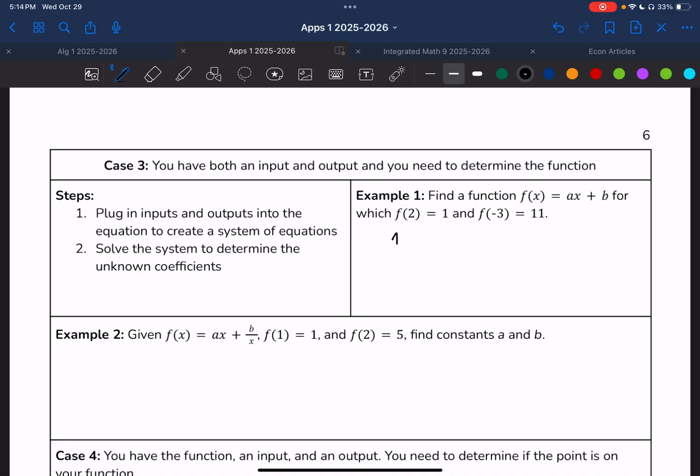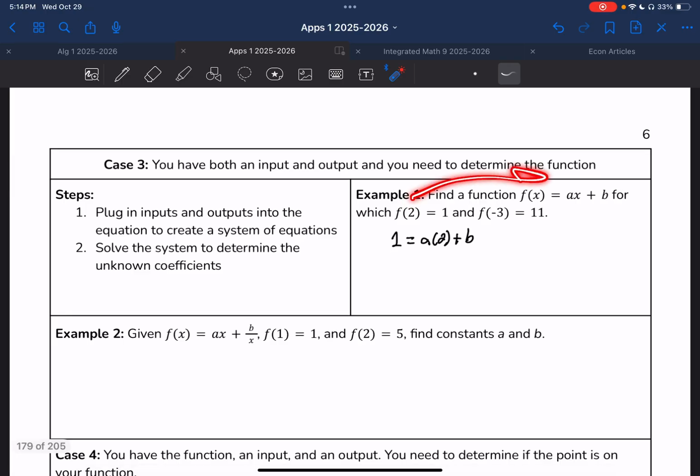And so the way that we're going to do that is we plug in our y for f of x. So it's going to be 1 is equal to a times 2 plus b, right? When we plug in 2 for x, we need to get 1 as the output.